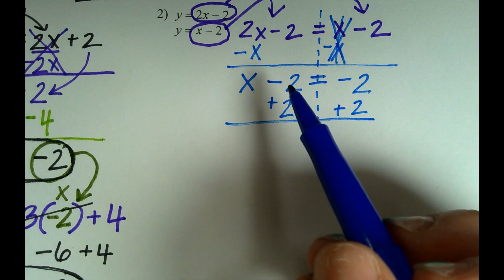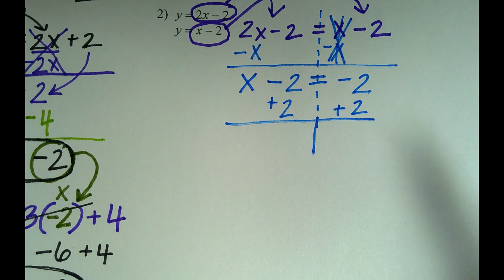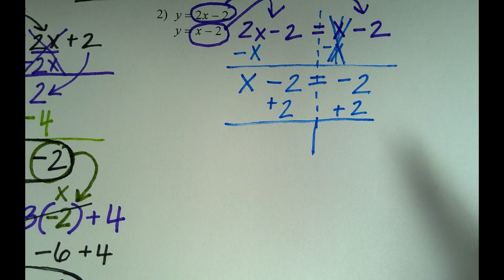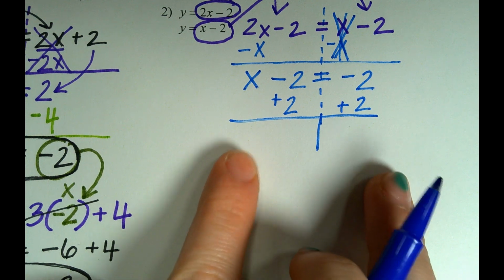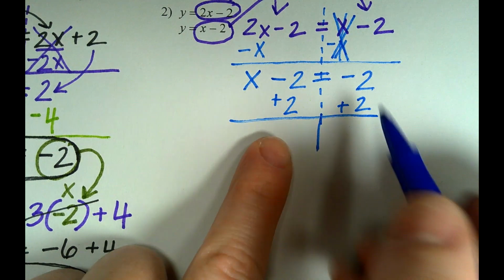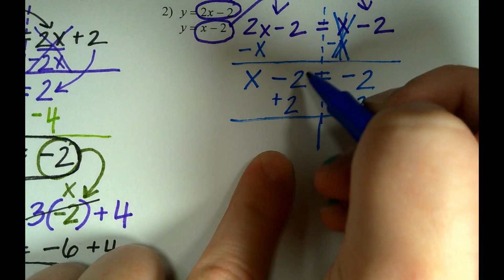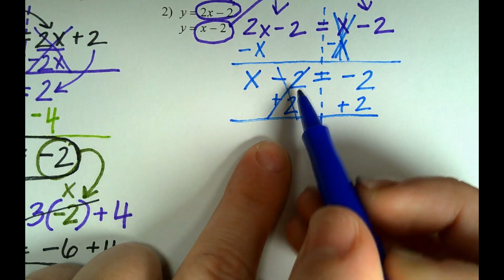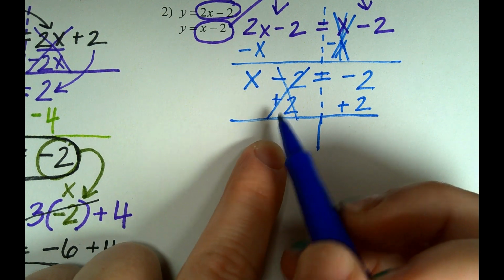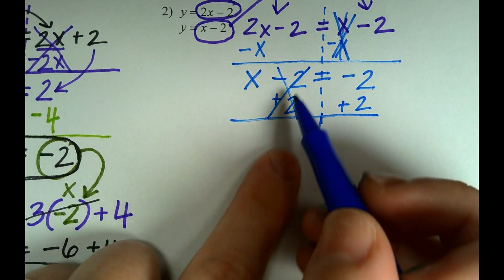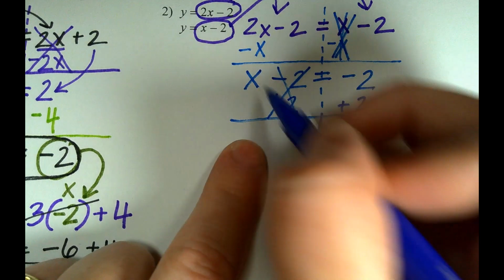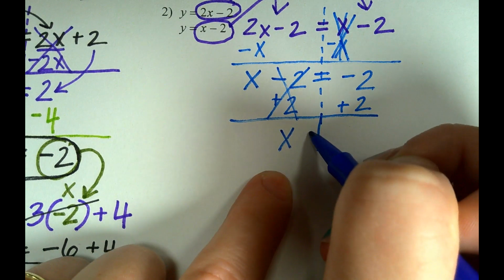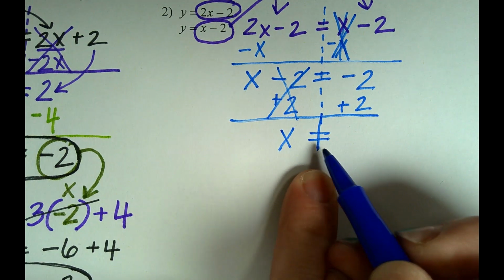Okay, so what is going to happen at this step? Everything cancels out. Oh my gosh, everything cancels out. Now, if this happens, don't freak out. Here's what's going to go on here. Your -2 and your +2 cancel out. When something cancels out, it just means that it equals 0. We don't need to write the 0 here because we just have x left. Bring down our equal sign.